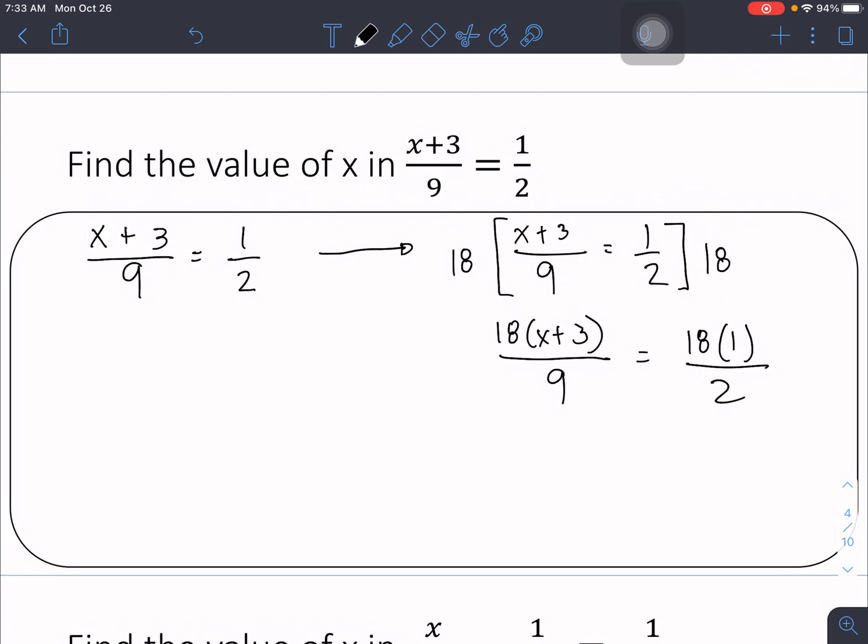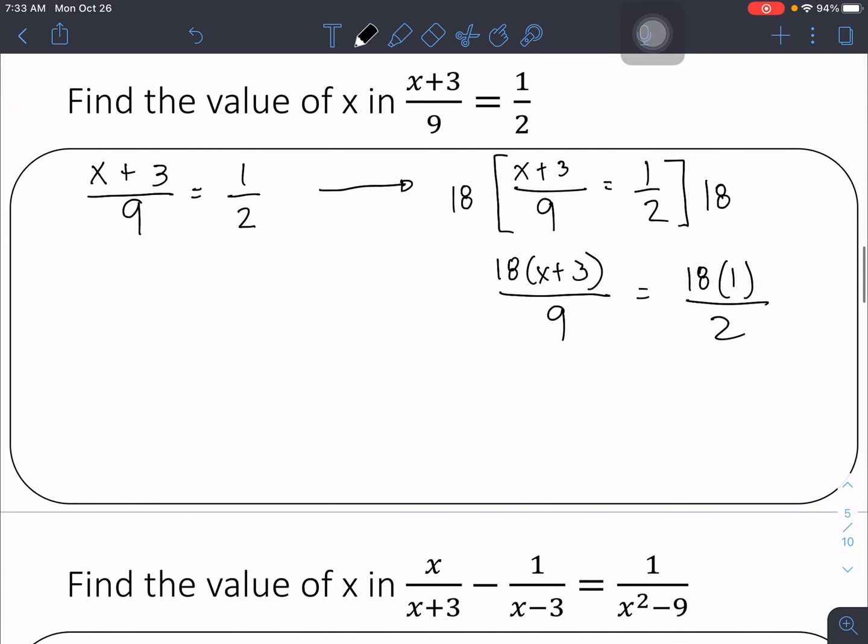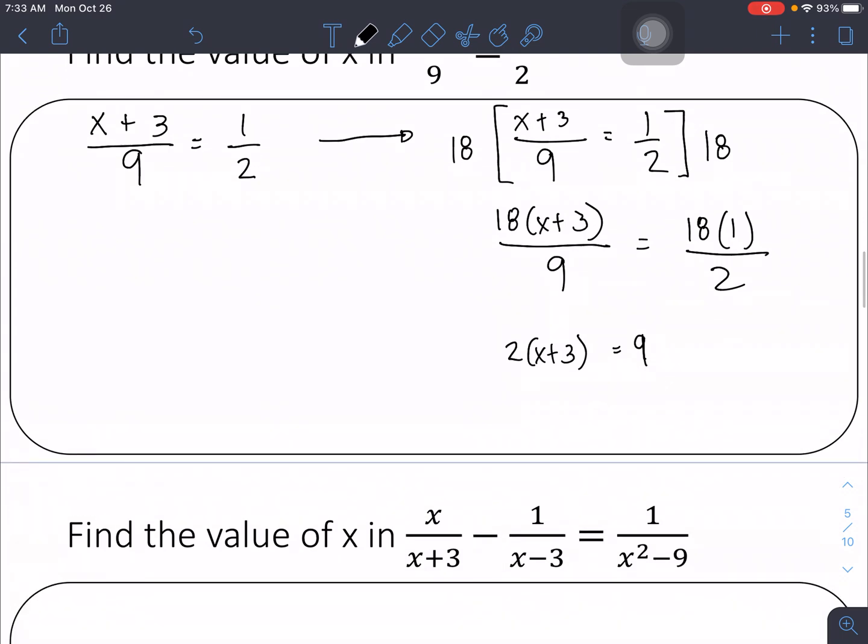Okay, so simplifying, 18 divided by 9 will be 2. So 2(x + 3) is equal to 18 divided by 2, which is 9, so 9 times 1 is 9. Okay, so 2(x + 3), so this will be 2x + 6 is equal to 9.